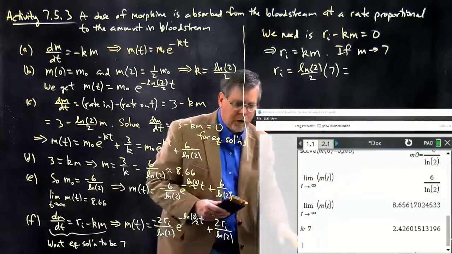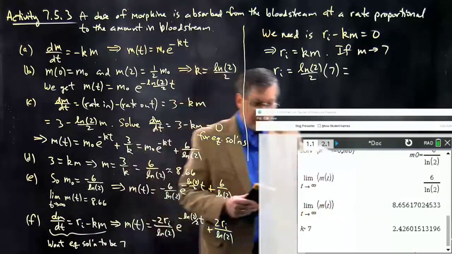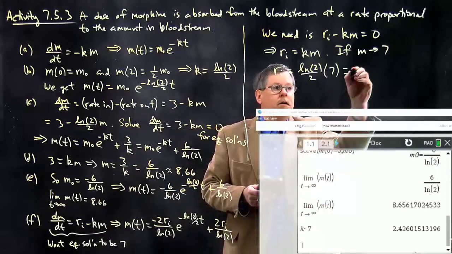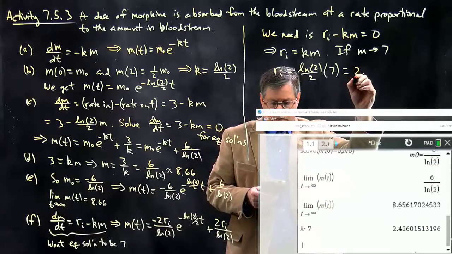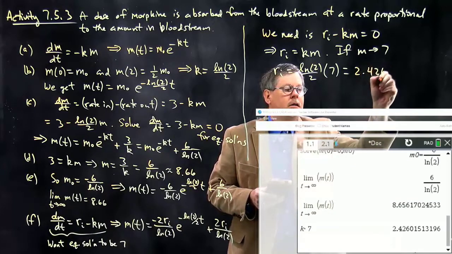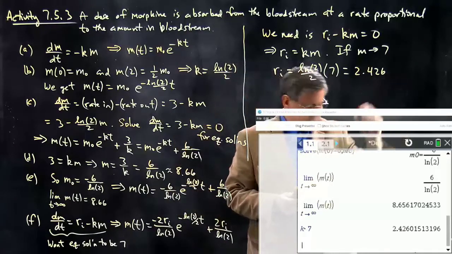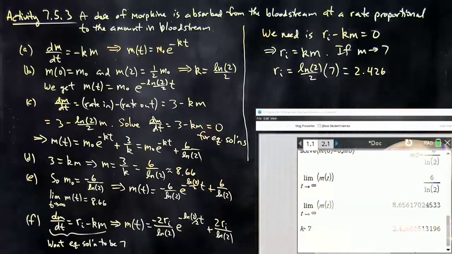And here I've already got k defined, so I just said k times 7. And you'll see that I get 2.426. Okay. So my initial rate, I think it's in milligrams. Yep, milligrams.